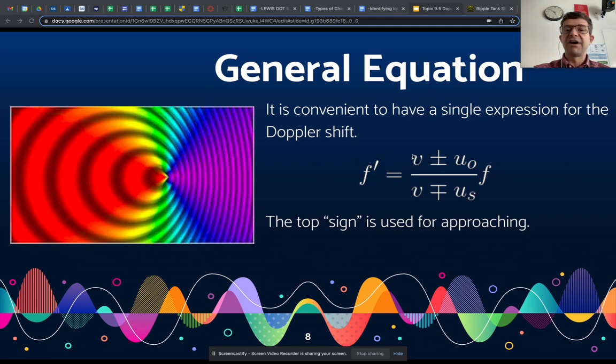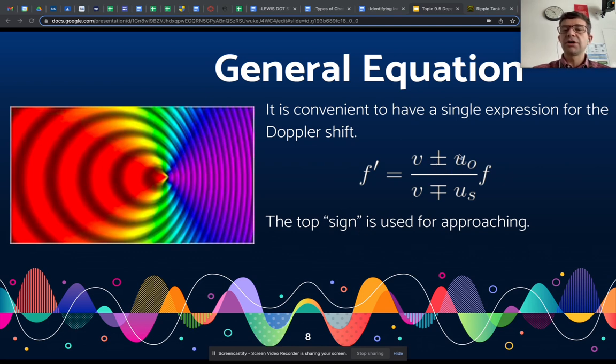And we have velocities for the speed of sound, v, the speed of the observer, uo, and the speed of the source, us. Notice how at the top it's plus or minus, and at the bottom it's minus or plus. That's because the convention that we use is that the top sign will be used for approaching.